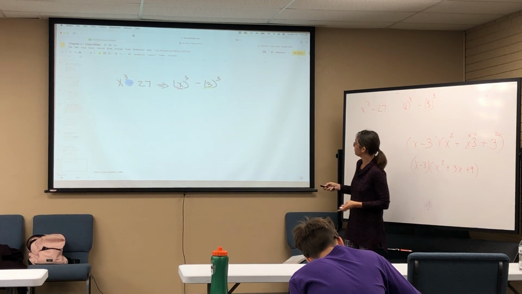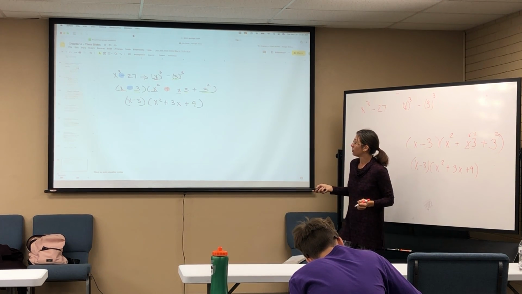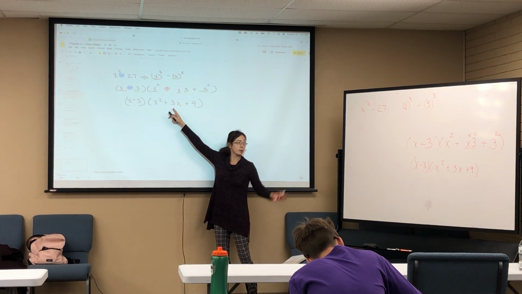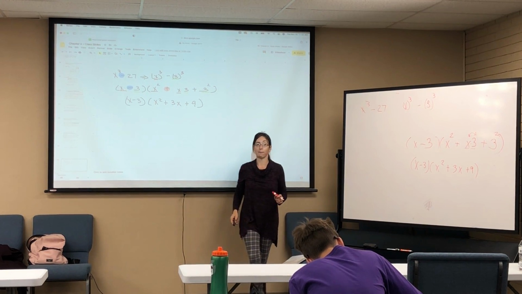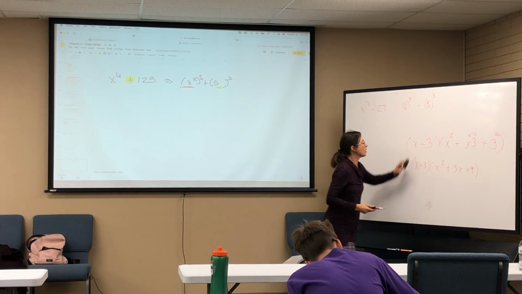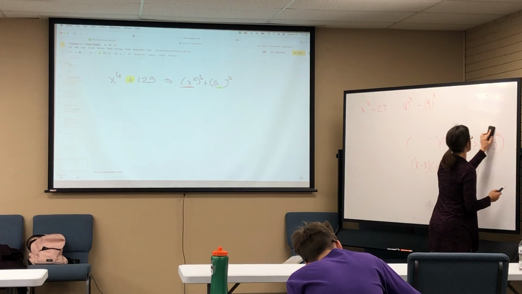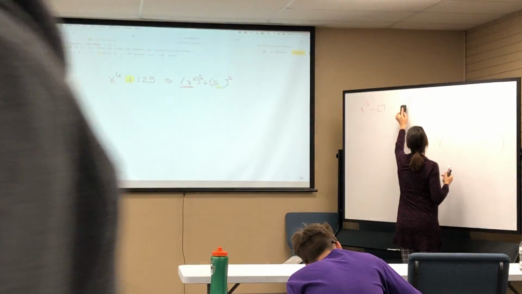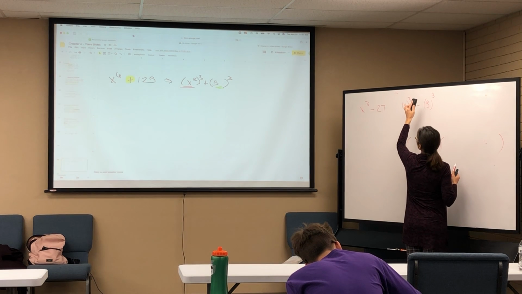All right? So is that what we got? X minus 3, x squared plus 3x plus 9? Yep. Worked it out perfectly. Okay? If we were working this one, okay, so we're starting with our x.